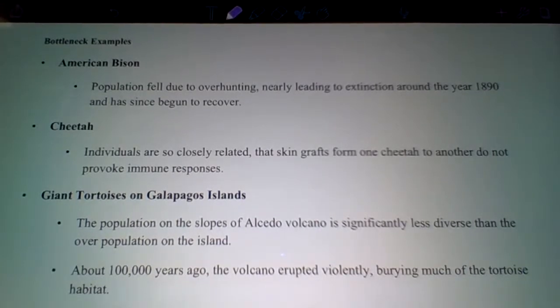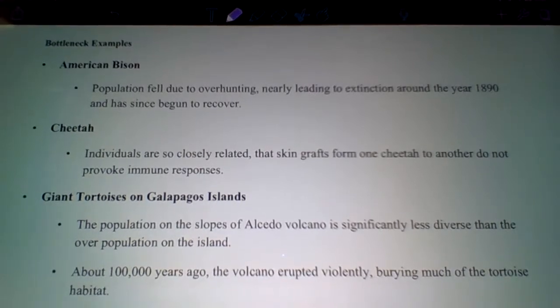Like, if you get a burn, I've heard of getting skin from the back of your leg and getting it grafted onto your face. And usually that will be good, but getting skin donations from another human being is actually very difficult, and your body has a high chance of rejection.